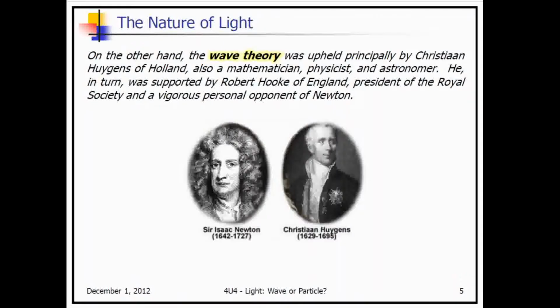And if you really want to get into some of the personal and professional battles between Huygens and Newton, there's a good book by Bill Bryson called A Short History of Nearly Everything that goes into this quite well. But basically, Isaac Newton was in favor of the particle theory. Huygens and Hooke were in favor of the wave theory.